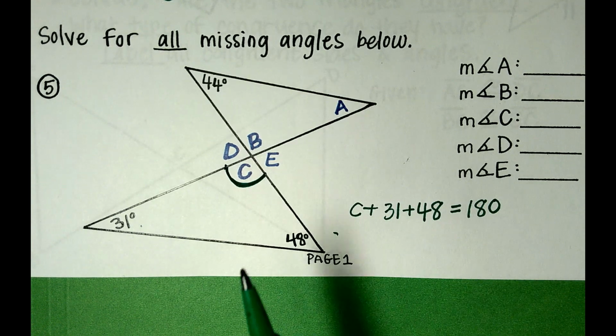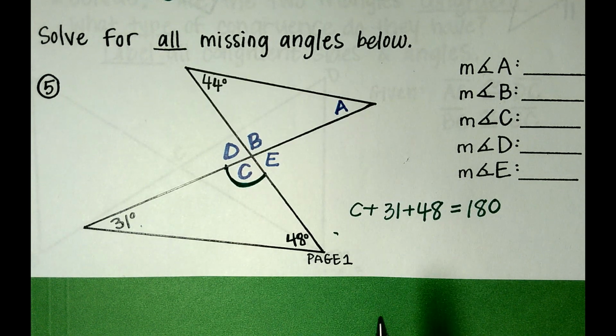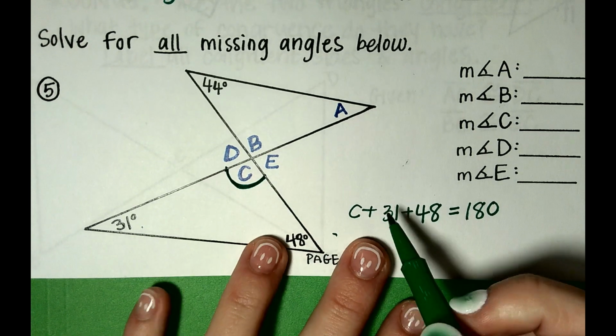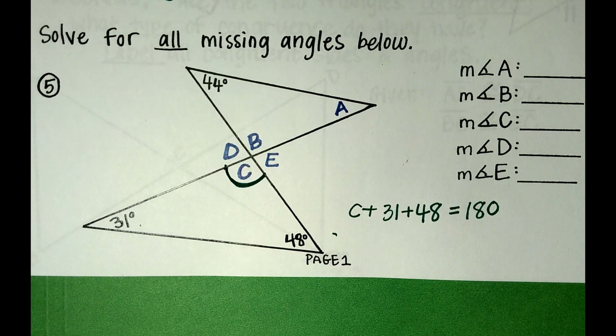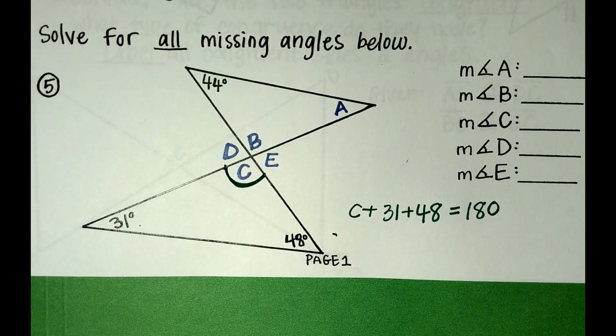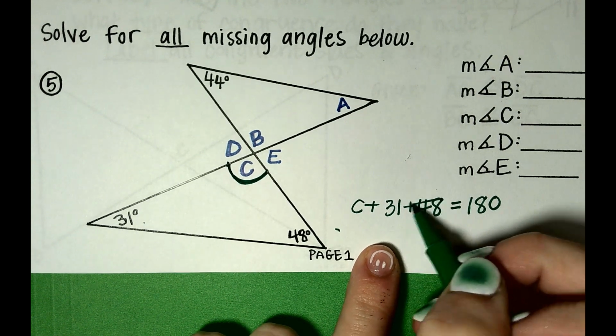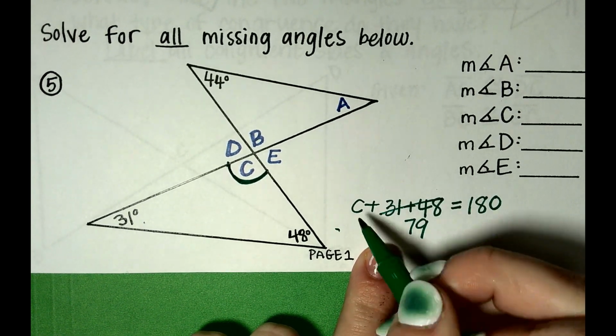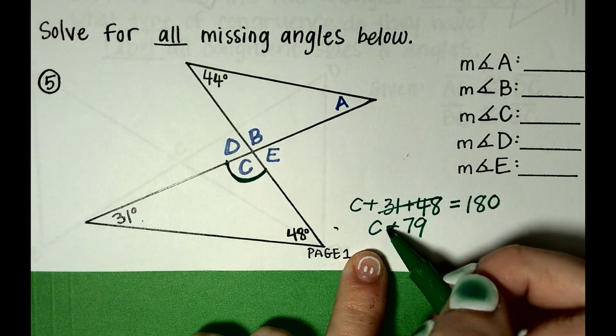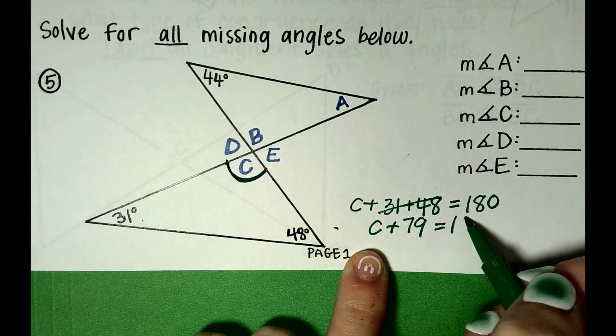So now I have an equation. What would I do to solve this equation? Yeah, 31 and 48. Yep, we can combine our like terms, add 31 plus 48. 79. Yes, 79. So we have C plus 79 equals 180.